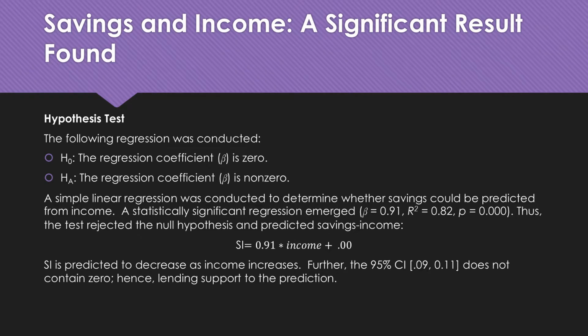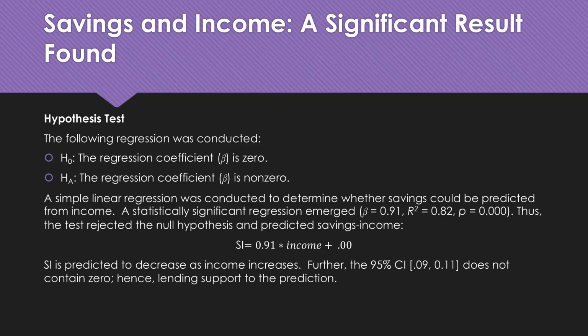In this example, a significant result was found between savings and income. The following regression was conducted. The null hypothesis was the regression coefficient is 0. The alternative hypothesis was the regression coefficient is non-zero. A simple linear regression was conducted to determine whether savings could be predicted from income. A statistically significant regression emerged, where beta was equal to 0.91, r squared was equal to 0.82, and p was equal to 0.000.